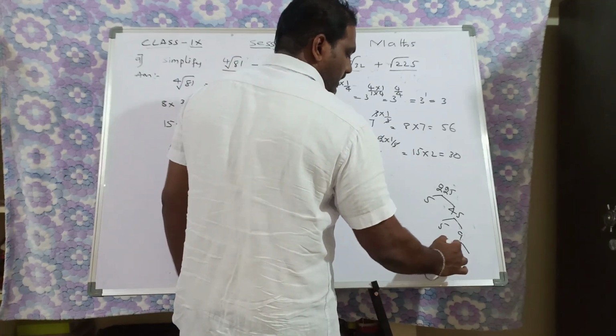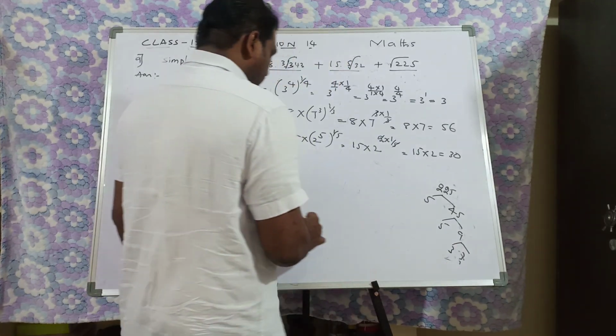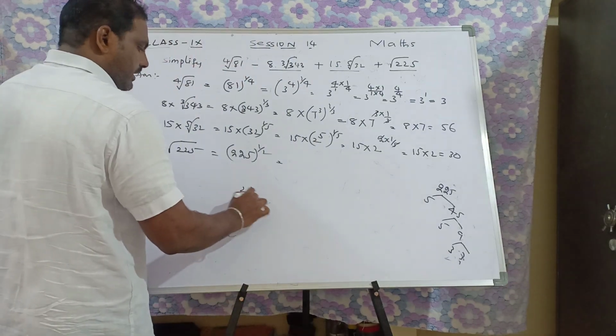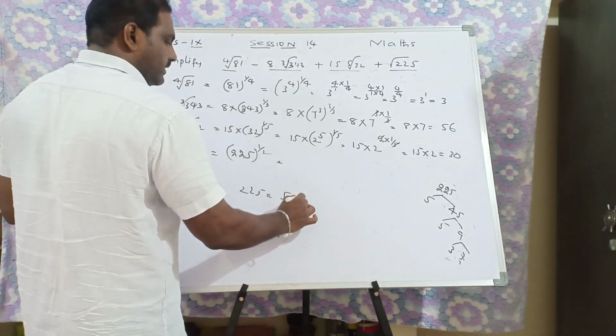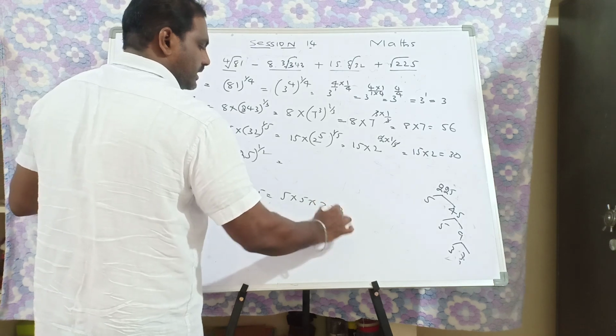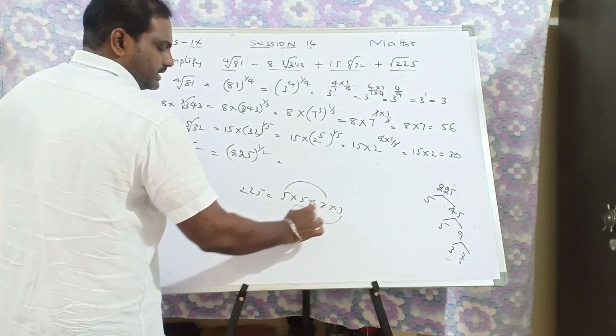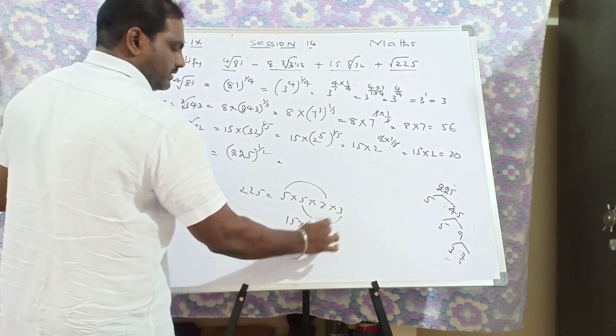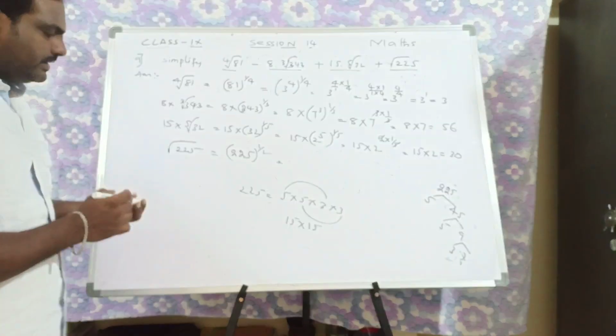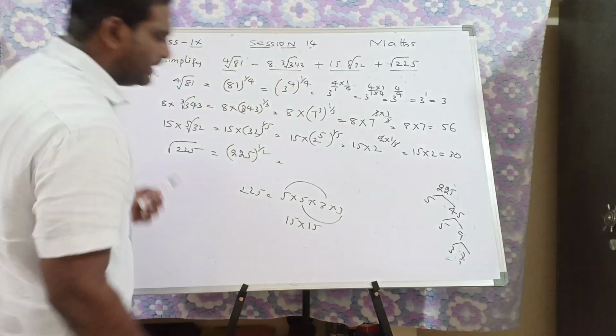Next, 9 can be written as 3 threes. So 225 can be written as 5 into 5 into 3 into 3. I can write it as 5 threes is 15 into 15. Both are the same. 15 fifteens are 225.